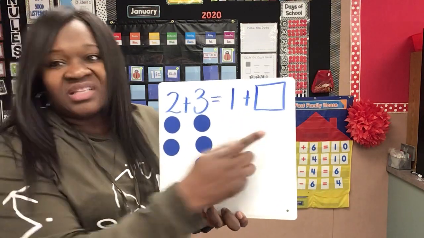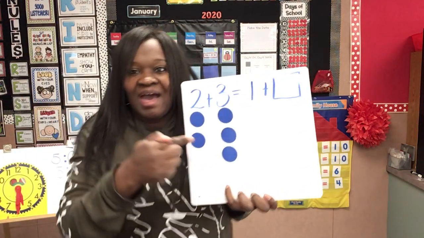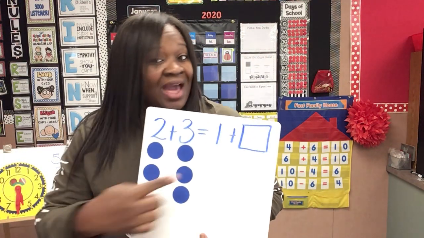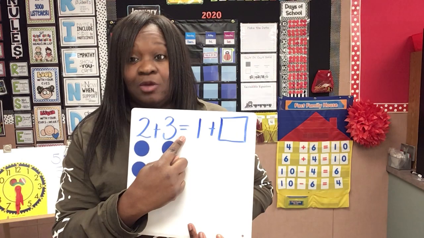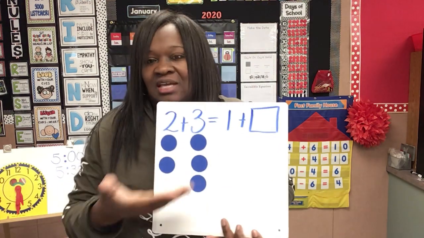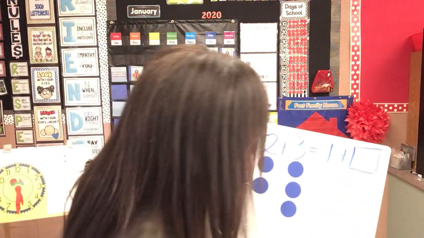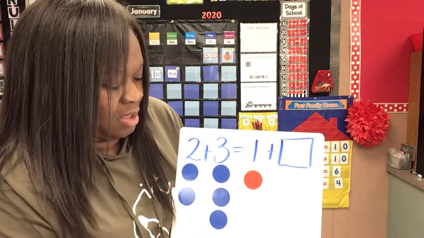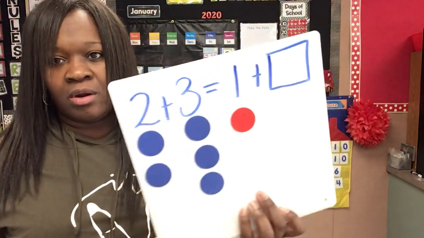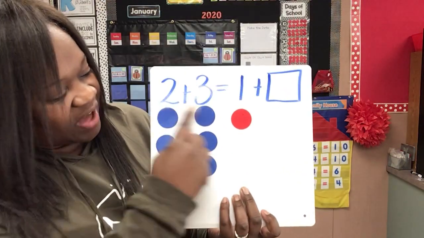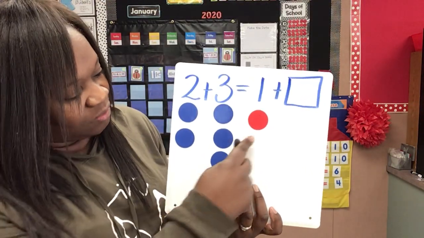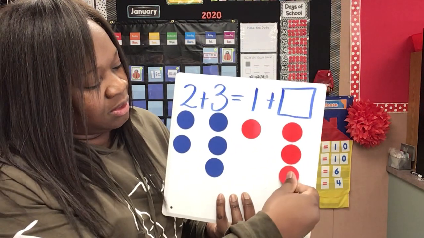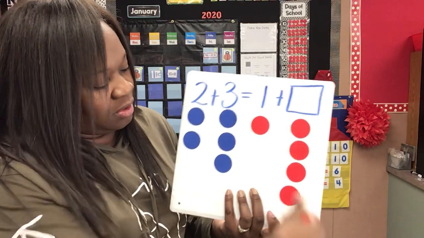So 1 plus some number has to equal 5 in order for it to be balanced. So it has to equal the same thing, because that's what that equal sign stands for. It has to be the same number. So let's see. 1 plus how many more will get me to 5? Well, 1, 2, 3, 4, 5.